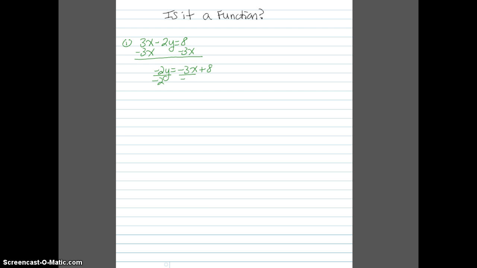Divide by -2 to get y is equal to 3 over 2 x minus 4. Here, this is just a linear equation. We know that no matter what x we plug in, we're going to get exactly one y out. We'll never be able to plug in one x and get two different y values. So this would be considered a function.